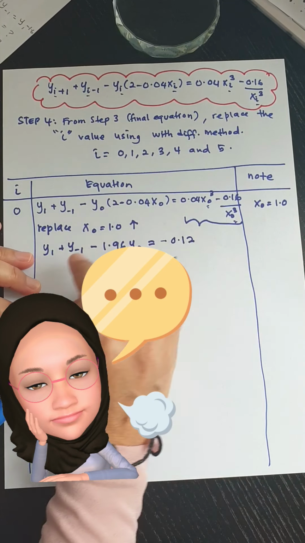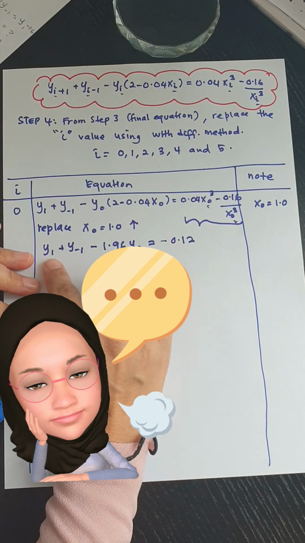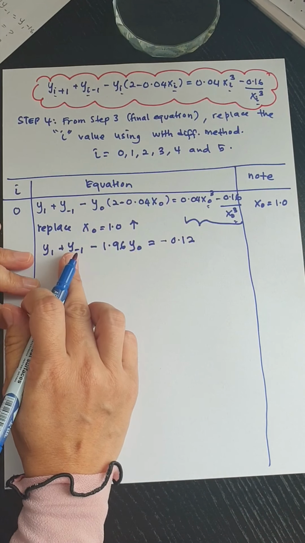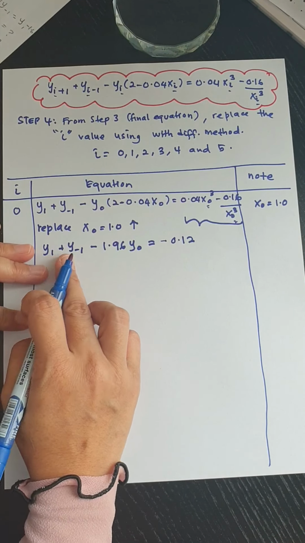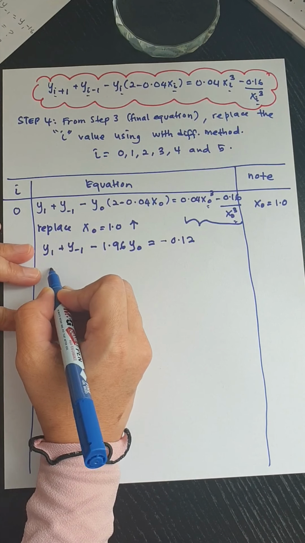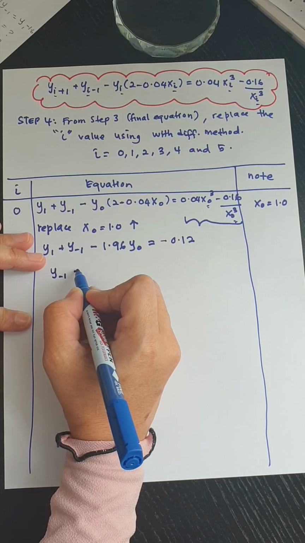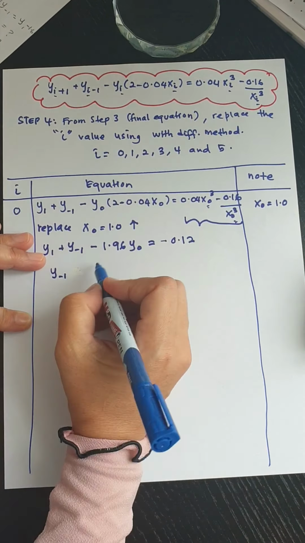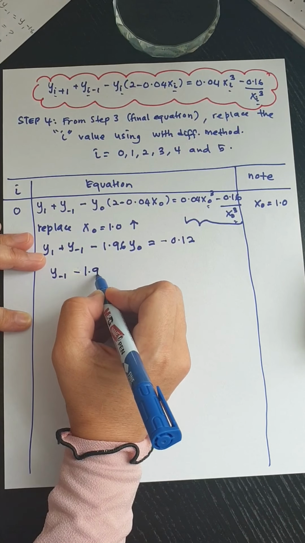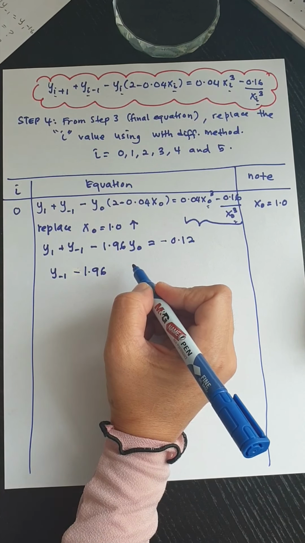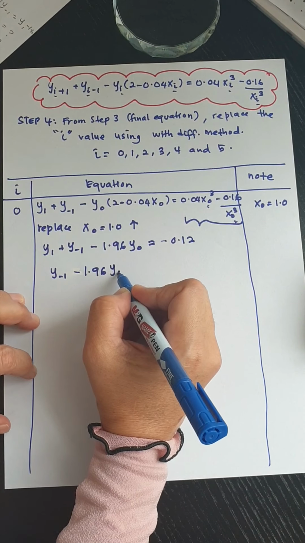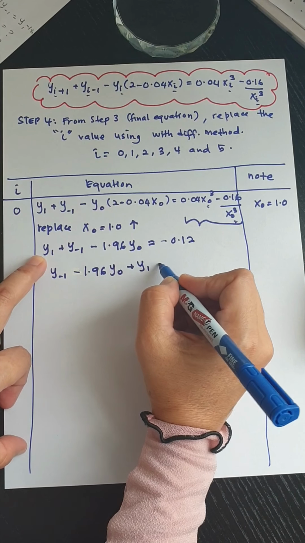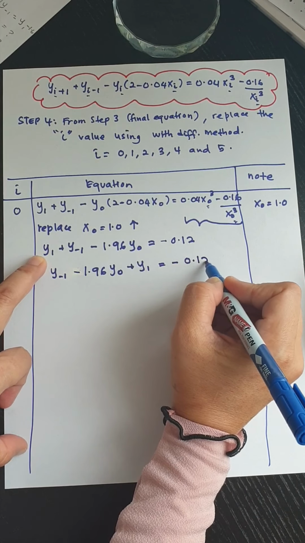Okay, so from here, simplify the equation, rearrange according to the sequence of the y. For example here, this will be y negative 1 plus minus y0, minus 1.96 y0 plus y1 equal to negative 0.12.